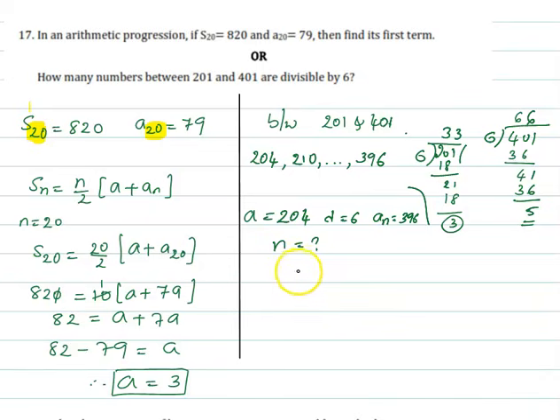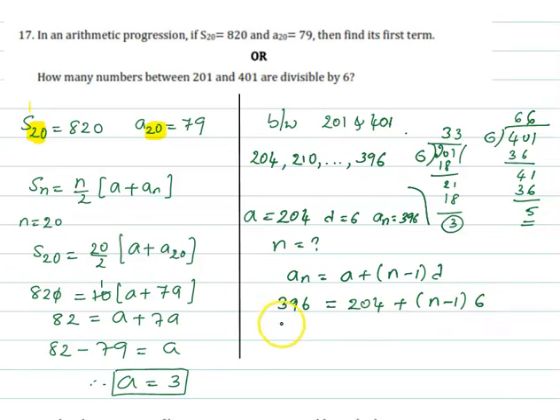For this, let us use the An formula. An is equal to A plus n minus 1 into D. An is 396, A is 204, D is 6. So 396 minus 204 is equal to n minus 1 into 6.